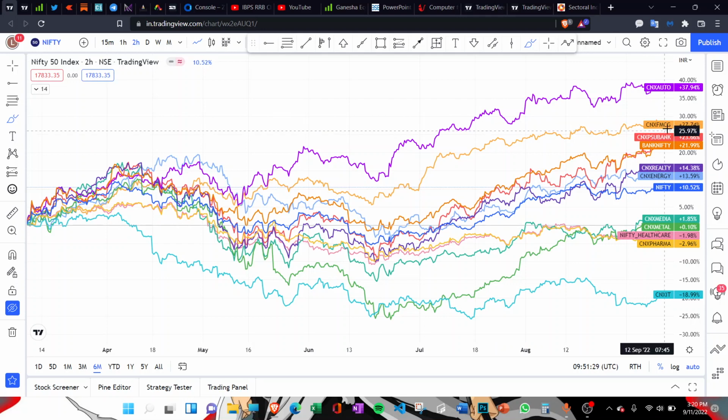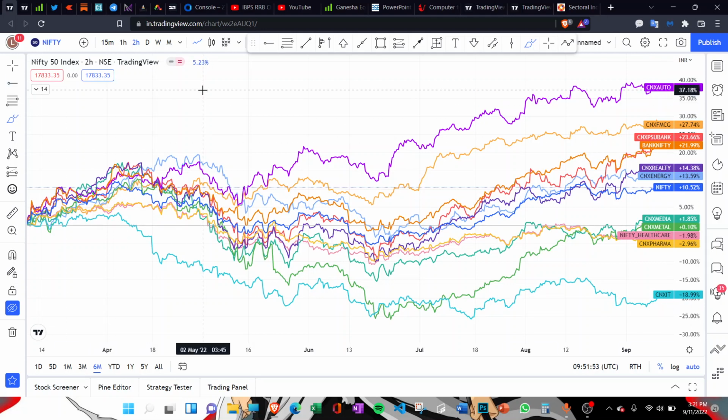So on second number we have the Nifty FMCG, then the PSU bank, then the Bank Nifty, then Nifty Realty, Nifty Energy, then Nifty at 10%, and then we have media, and then metal, healthcare, pharma, and the laggard is the Nifty IT.